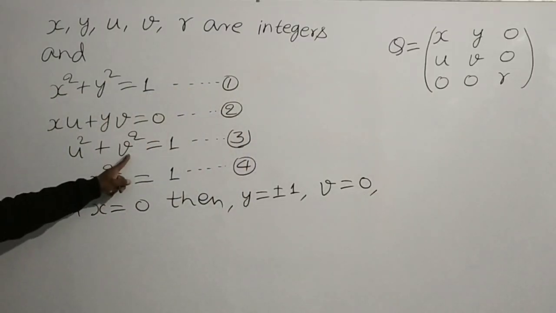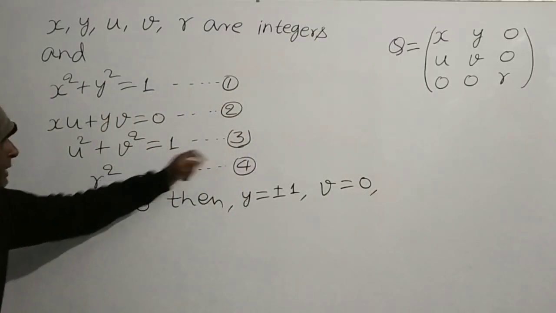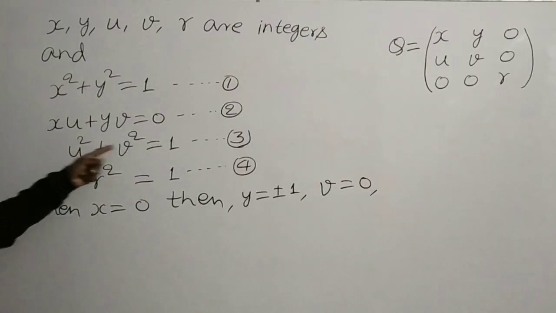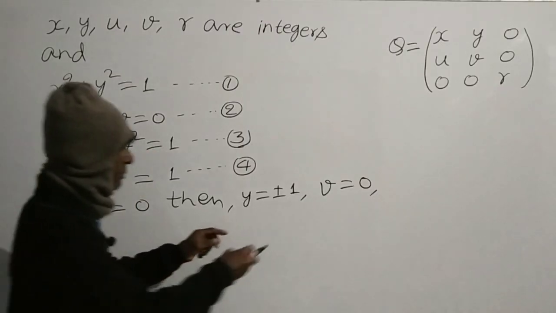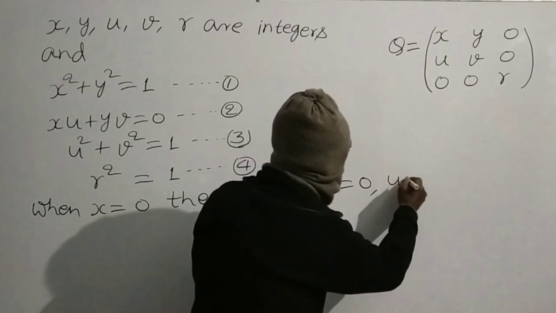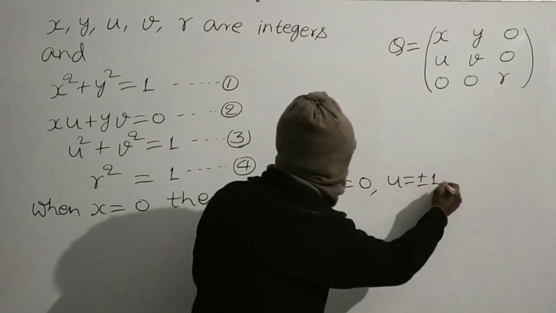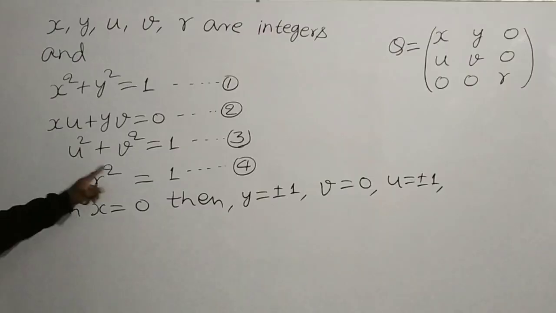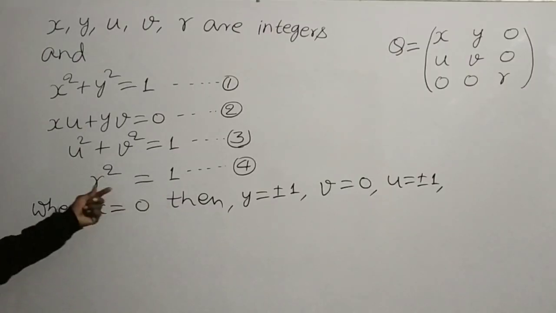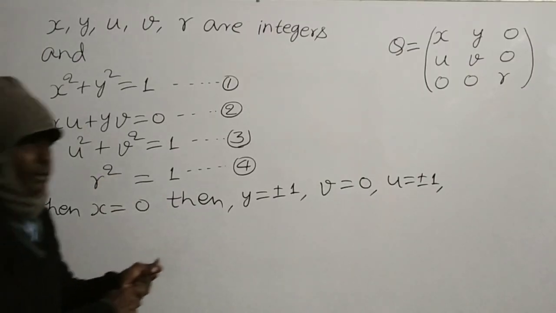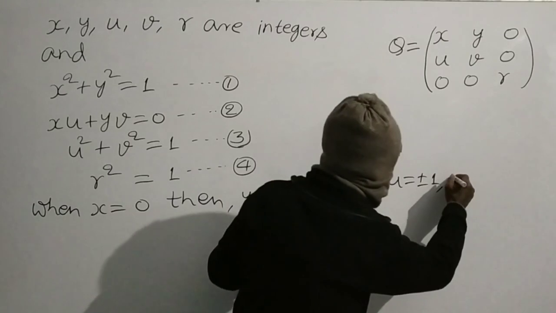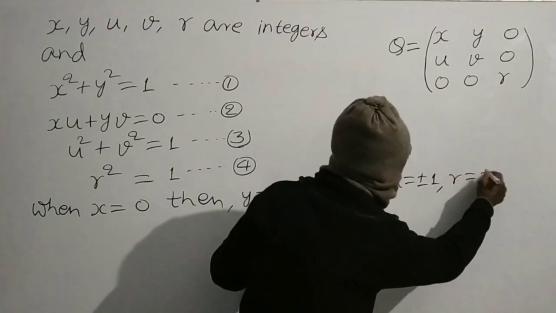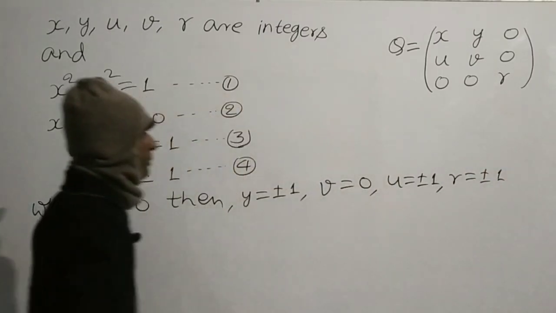When v is 0, then from this 3, u will be plus minus 1. And r square is equal to 1, which implies that r is equal to plus minus 1.